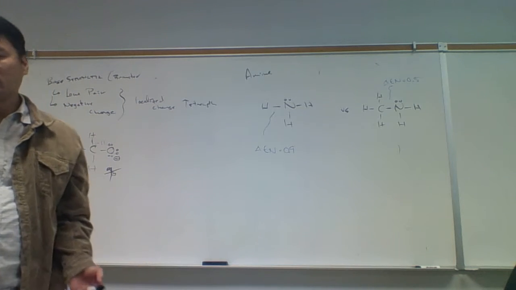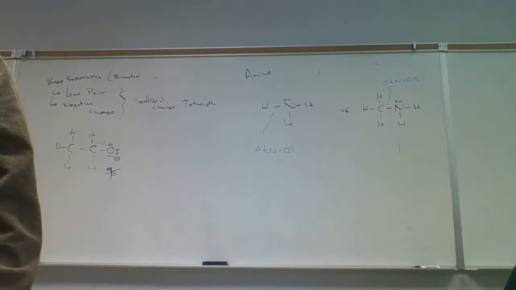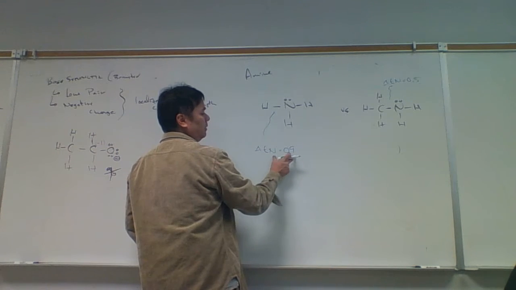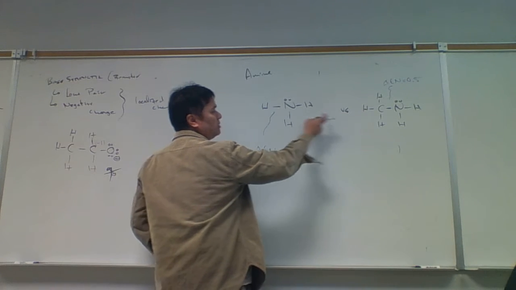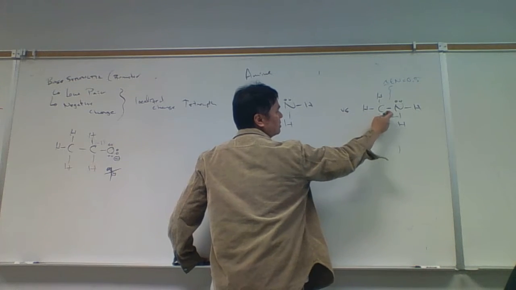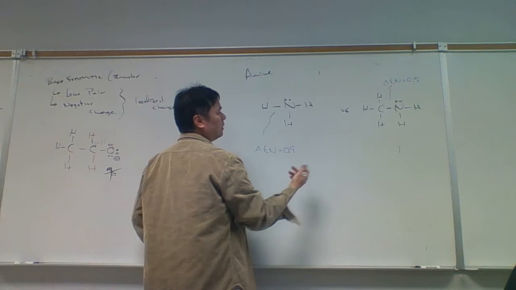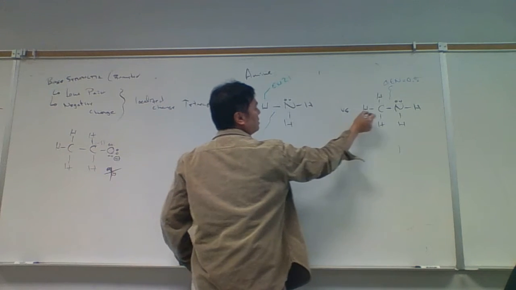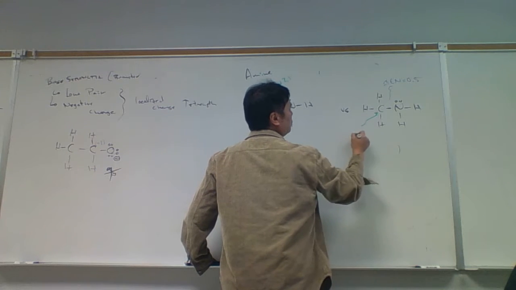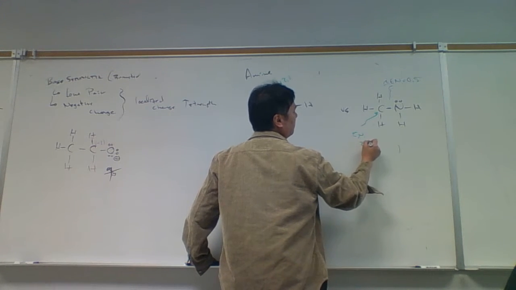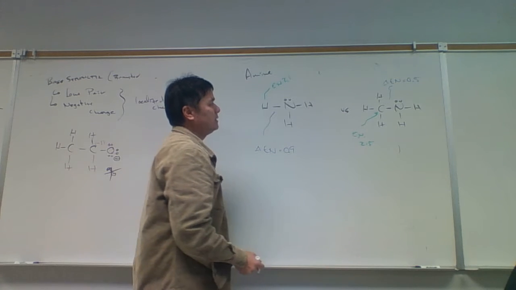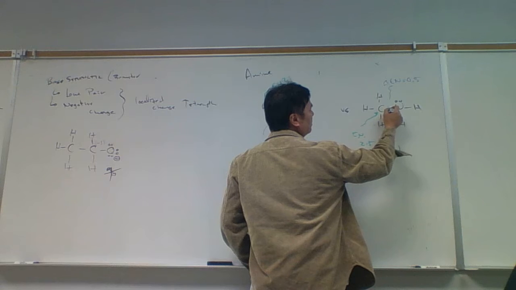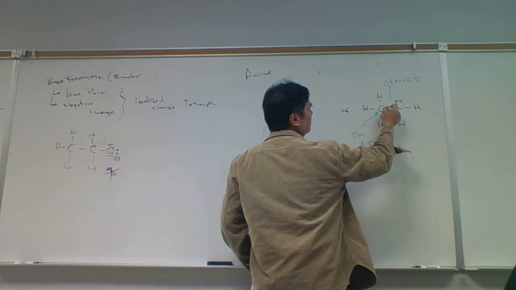And so what do we do with these delta ENs? What we do with these delta ENs is we set up polar bonds. If carbon is more electronegative, then it's going to pull more electron density away, right? Because this is an EN of 2.1 and this has an EN of 2.5. And so carbon is going to be more electronegative, so this bond isn't going to be as symmetric.